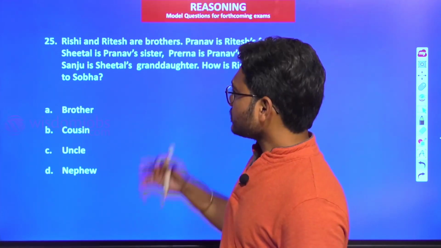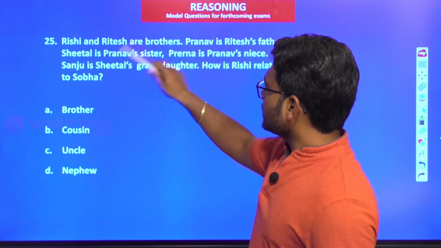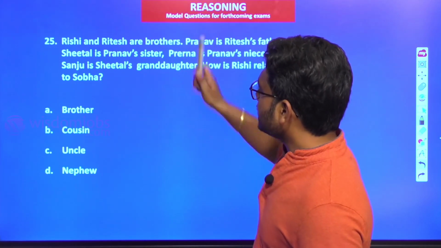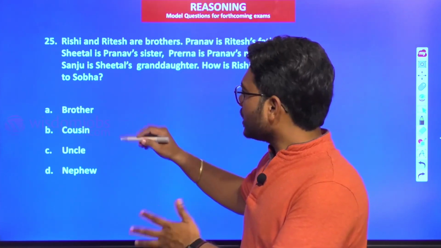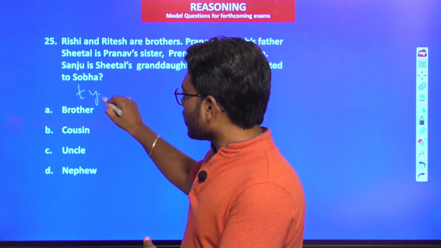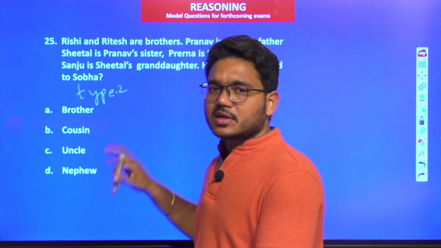Immediately after seeing "Ritesh and Rishi are brothers," I can say that this is a type 2 problem. For different types, try to check our videos.